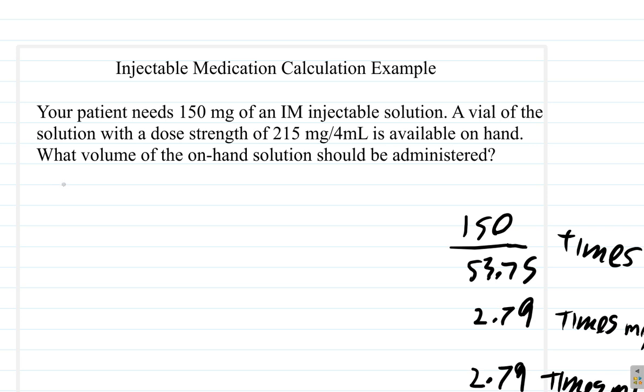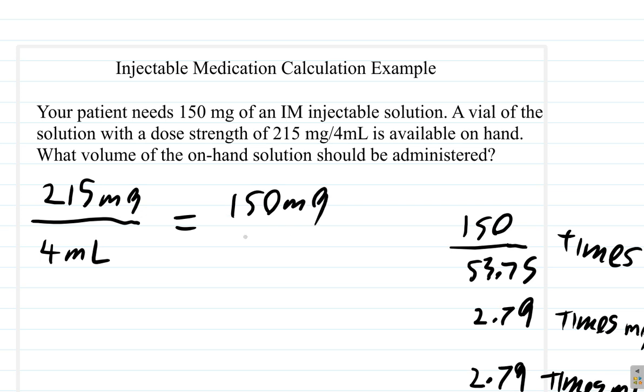You're going to say you have 215 milligrams in every 4 milliliters of the solution. This is equal to 150 milligrams out of every how many milliliters? You don't know, so you say X. All right? Now, if you cross multiply, or instead of cross multiply, let me say it like this.